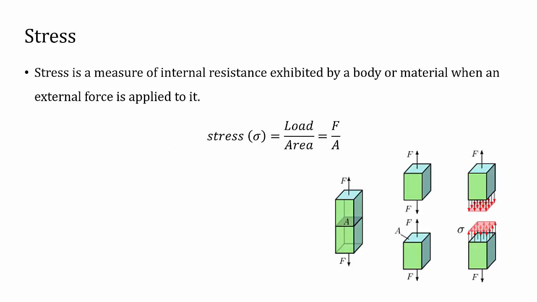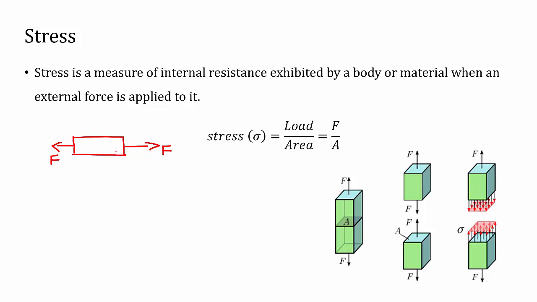So we'll start with what is stress. Stress is a measure of internal resistance exhibited by a body or a material when an external force is applied to it. So for example, this is our object, and I am applying a force F on each side.